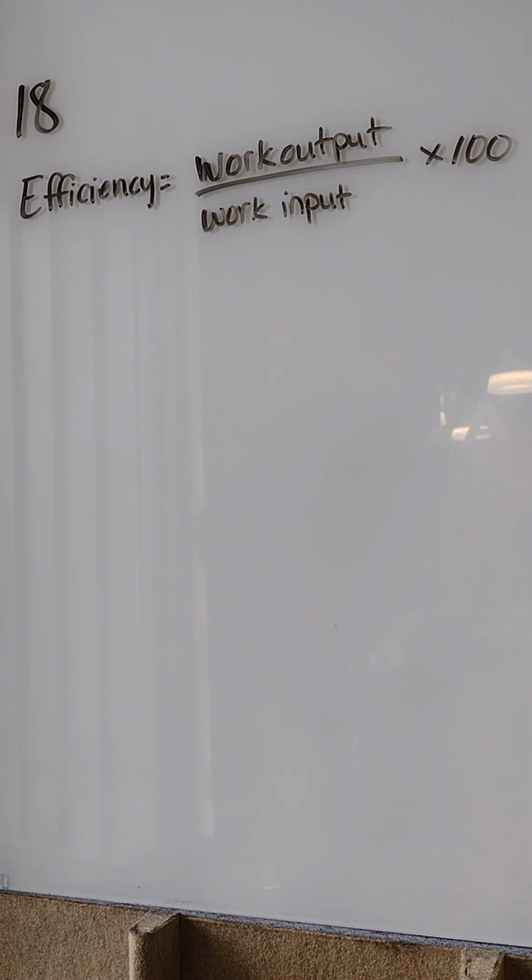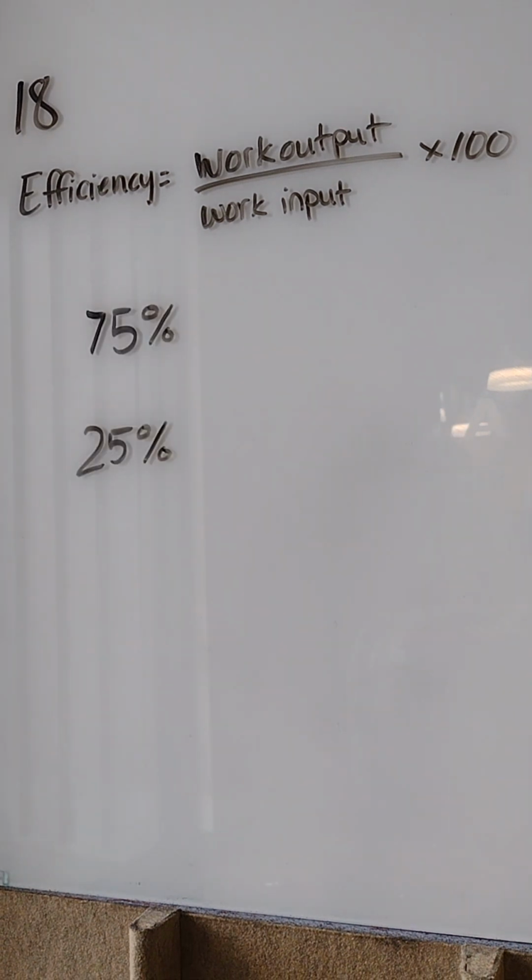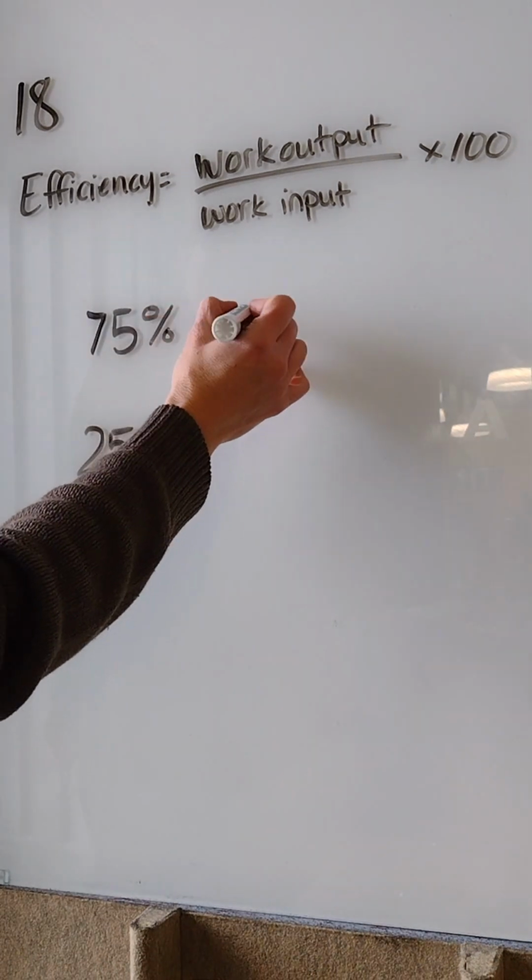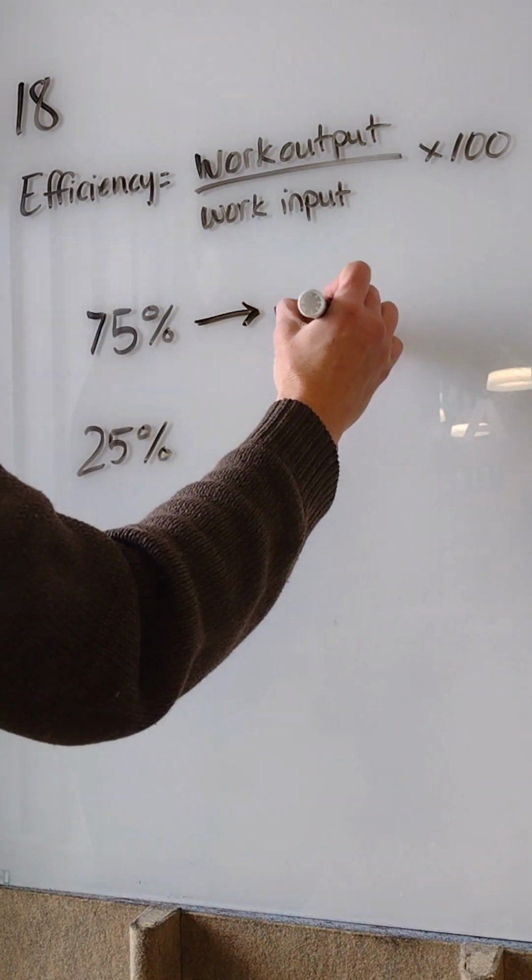Number 18, a machine has an efficiency of 75%. What happens to 75% of the work put into the machine, and what happens to the other 25%? So first, 75% of that is going to be your work output.